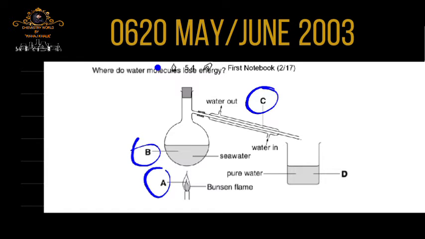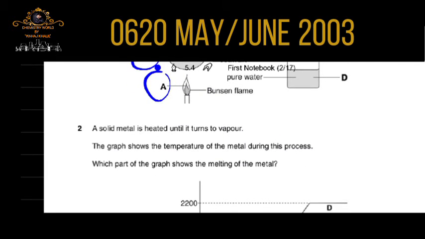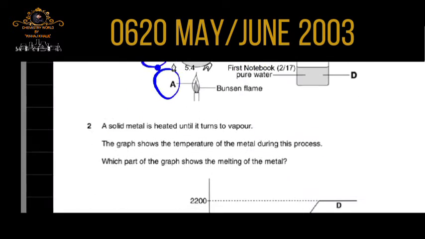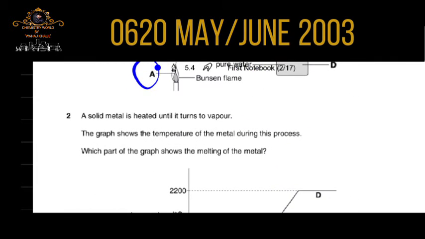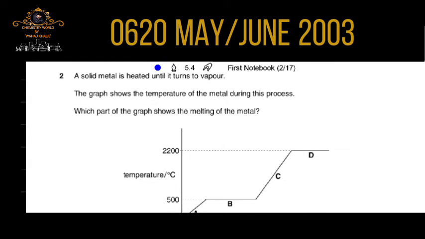There is C, in which water vapor is converted back into water. So there is a phase change from vapor to liquid, so there is energy loss. C, option C.